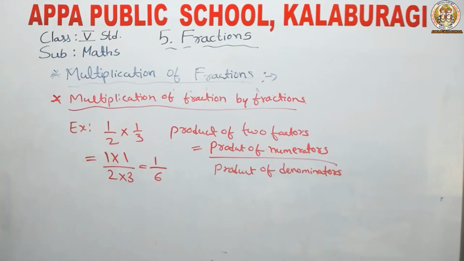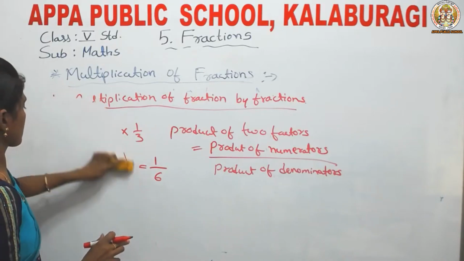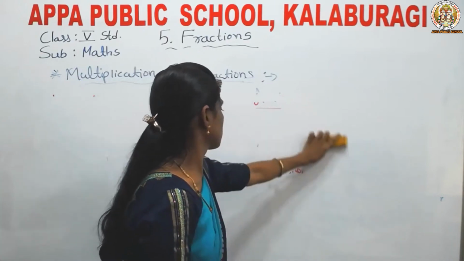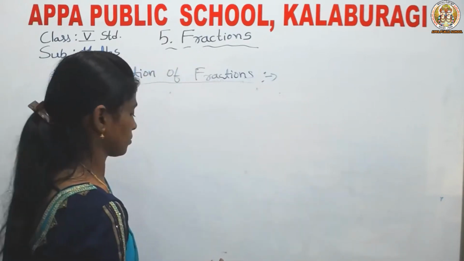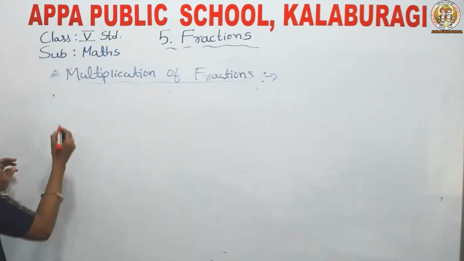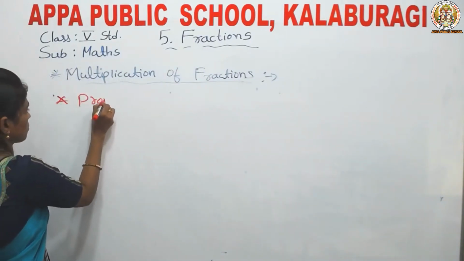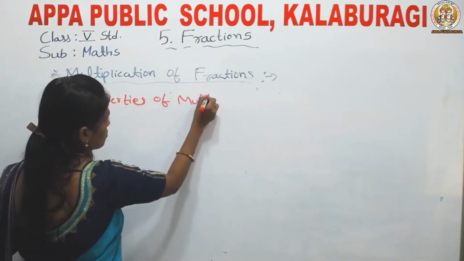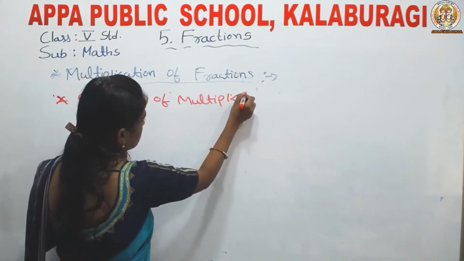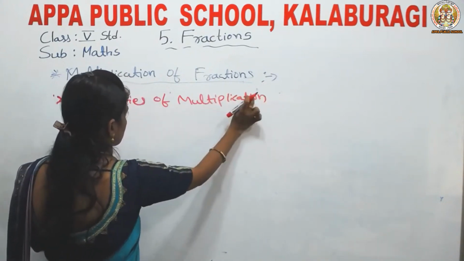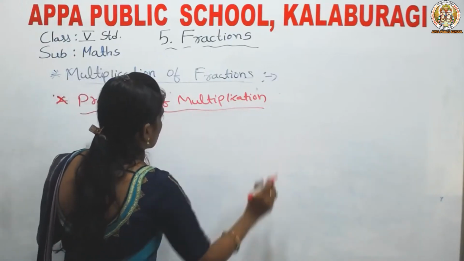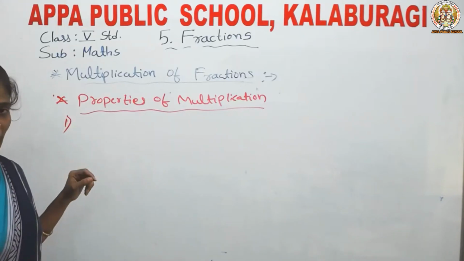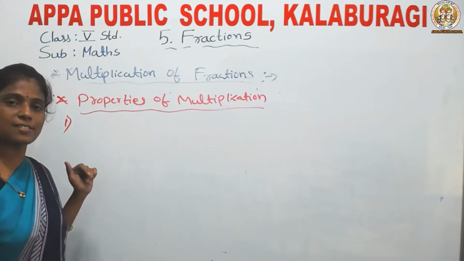Next, properties of multiplication. In the first property, changing the order of fractional numbers does not change the product.